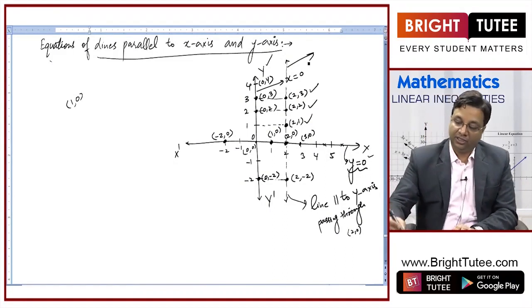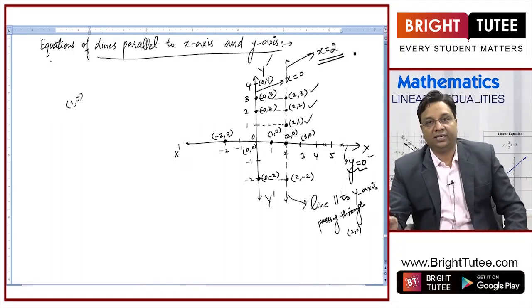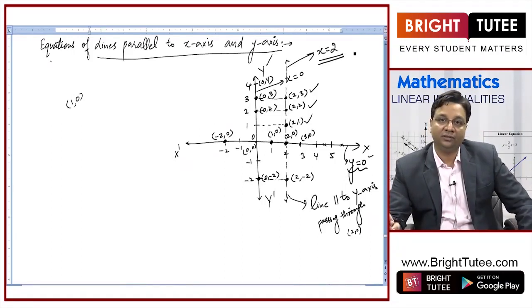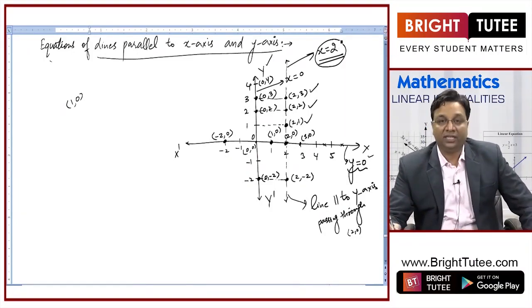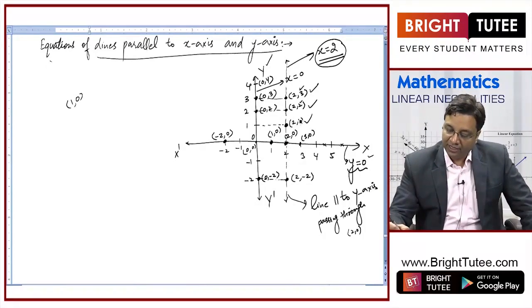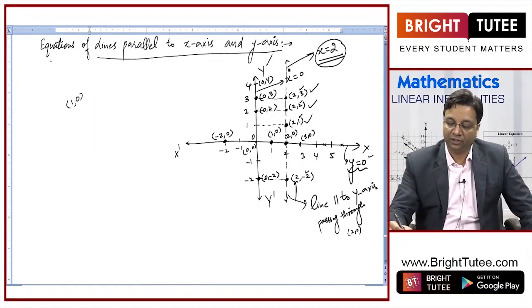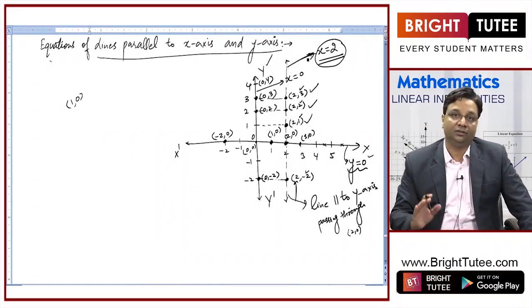So, the equation of this line is x equal to 2. Why haven't I written y in this equation? Because the value of x will be 2 irrespective of the value of y. For any value of y, x is 2 for this line. So, the equation of this line is x equals 2.